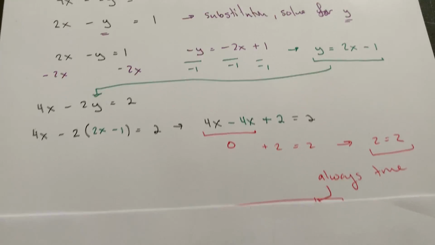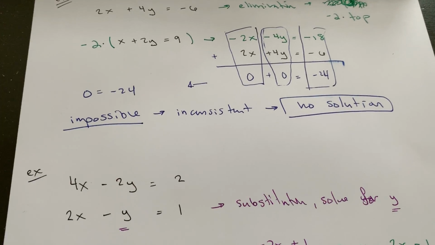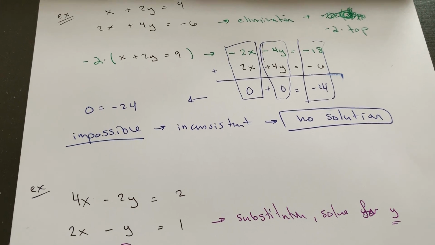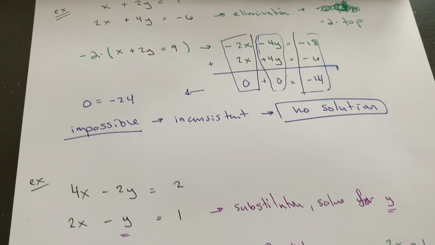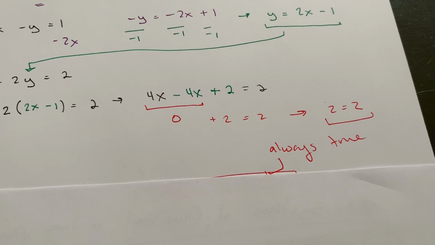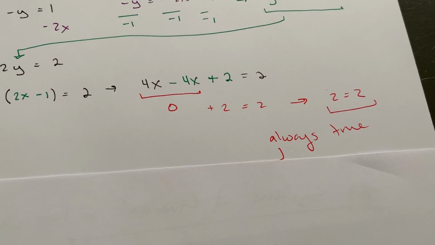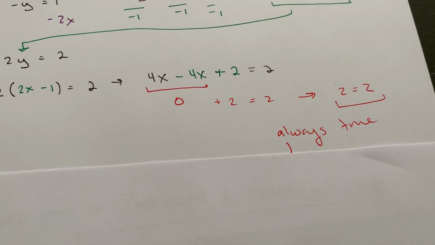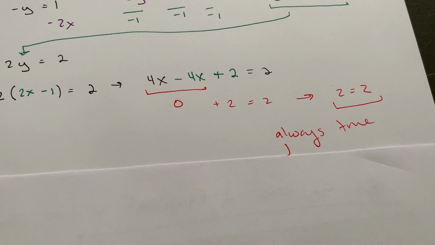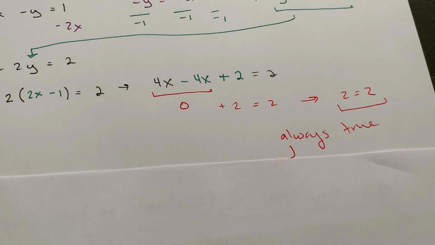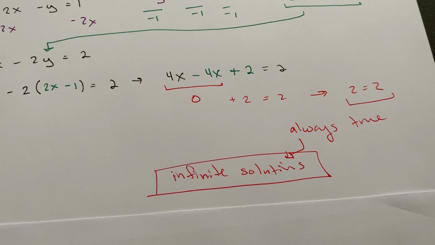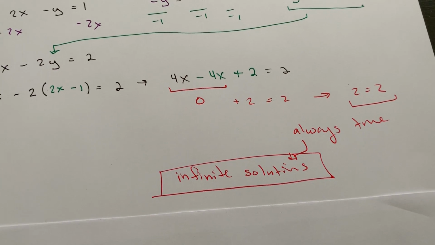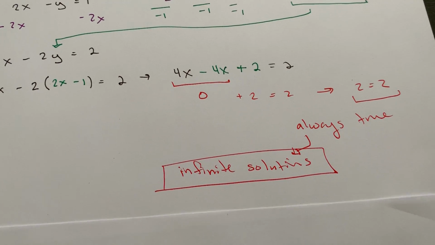So rather than the one we had before, which was never true, 0 equals -24, this version gets us 2 equals 2, which would always be true. You could also get a version that says 0 equals 0, something that's always going to be true. And what that means for us is you're going to get an infinite number of solutions.